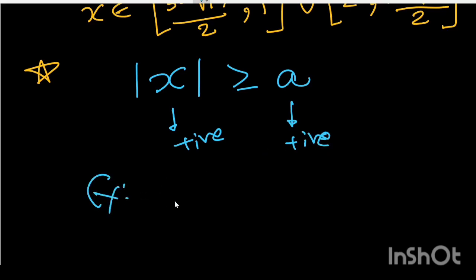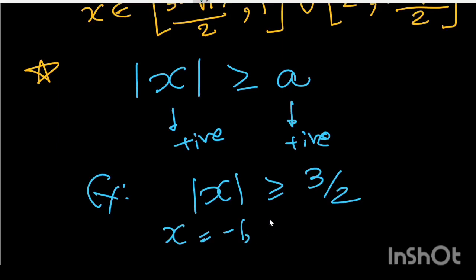For example, if I ask you mod x greater than or equal to 3 by 2, x equals minus 1, 3, they all satisfy this. So the question arises, how do we solve this?